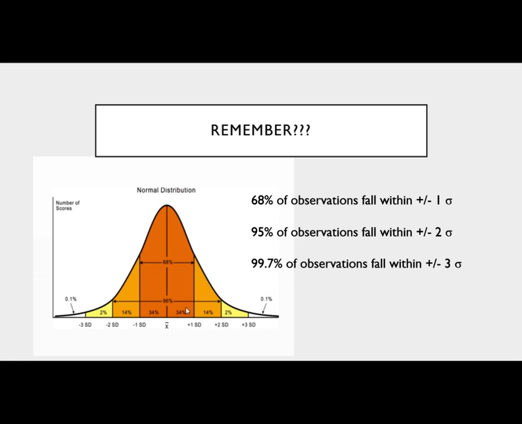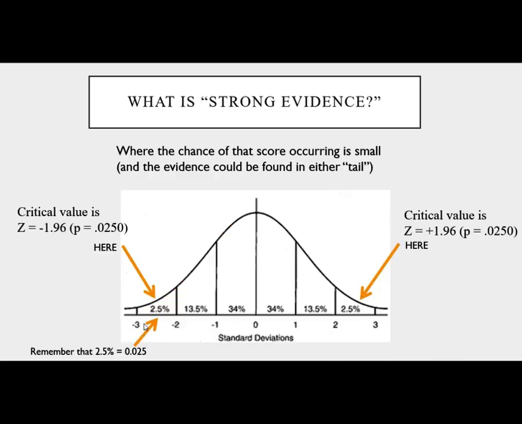All right, so remember, we said 68% are in the orange, 95% are within the dark orange and light orange, and then 2.5% are in the yellow on either side, and you add them and you get 0.5%.